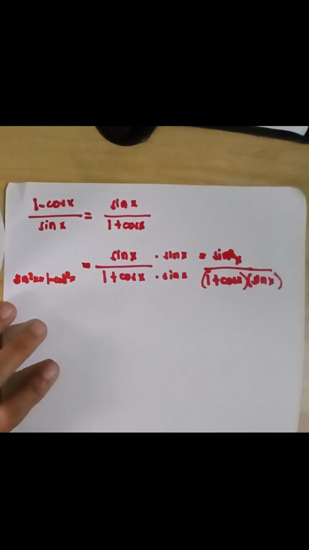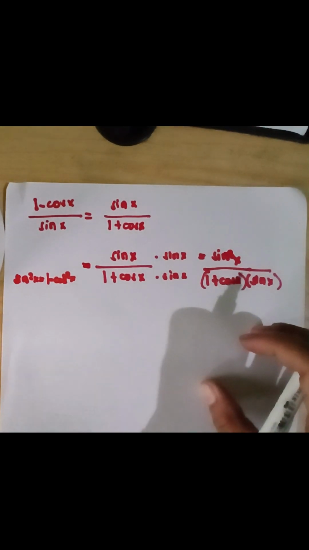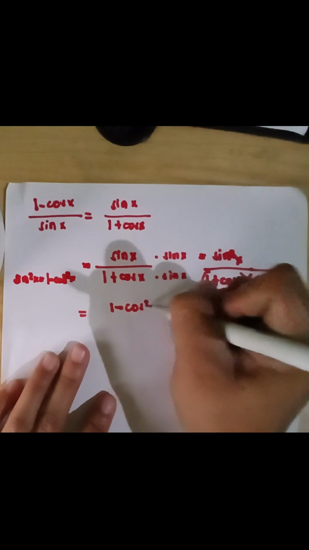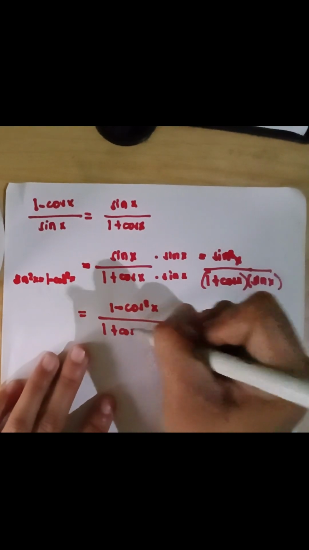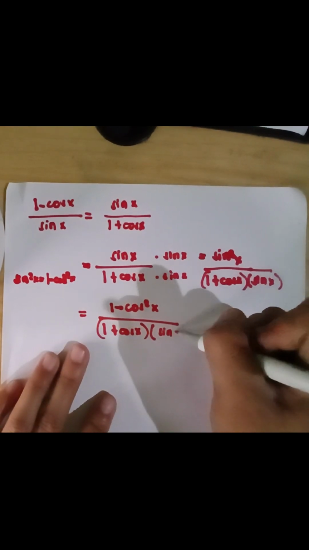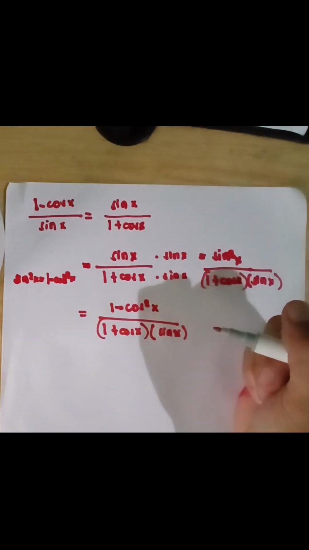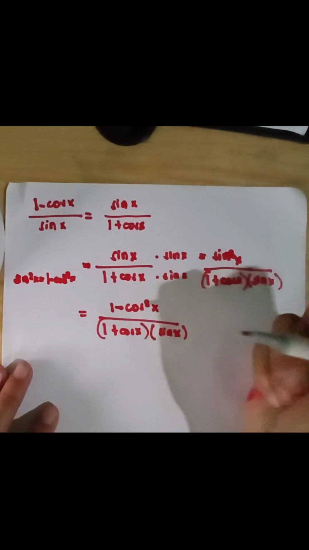And now let's rewrite the fraction. This is going to be 1 minus cosine squared x over 1 plus cosine x times sine x. So now let's apply the difference of two squares. So let's substitute the numerator.